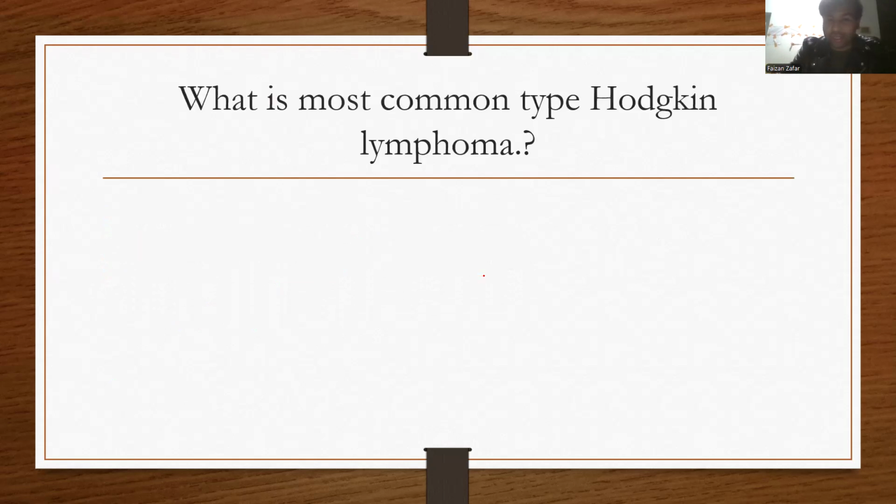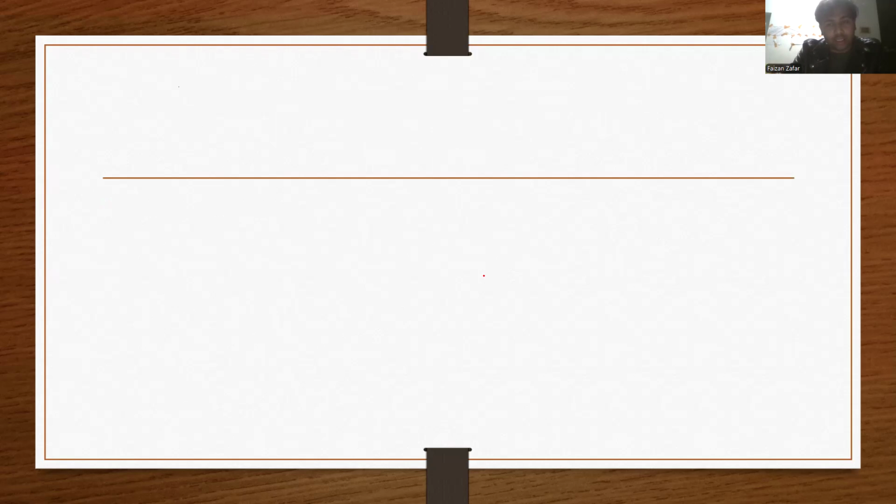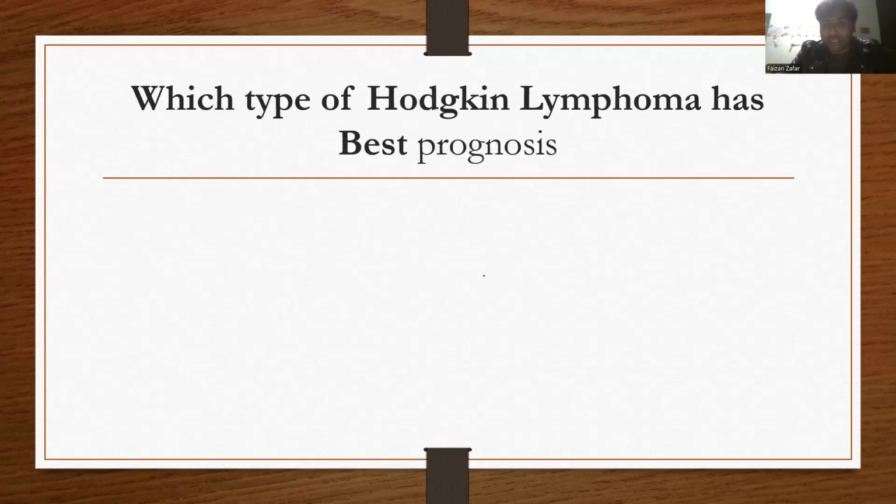What is the most common type of Hodgkin lymphoma? Nodular sclerosis. Very simple. Which type of Hodgkin lymphoma has the best prognosis? Always think about rich people: rich people always have the best prognosis.